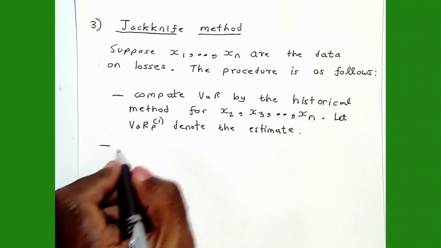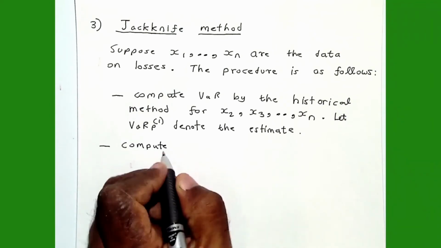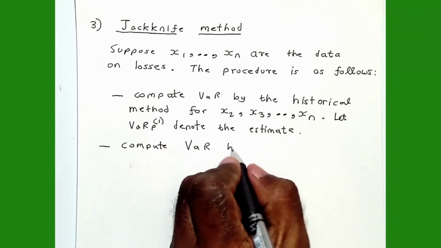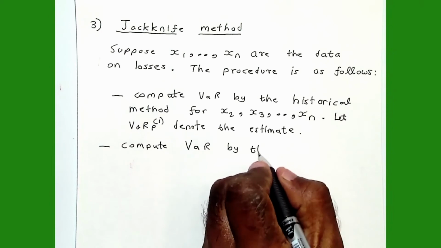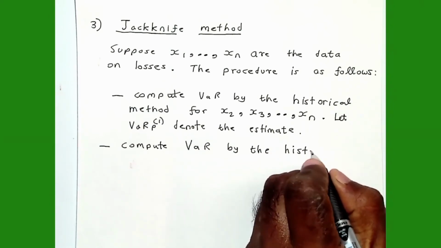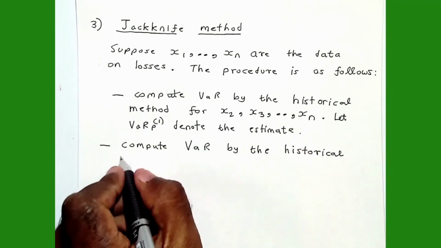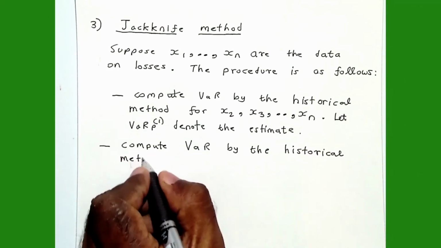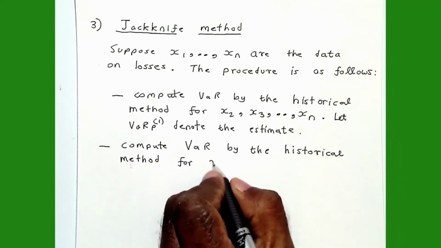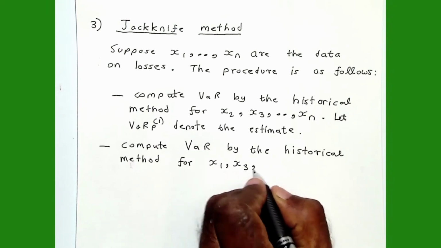The second step is to compute VaR by the historical method for the data x1, x3 up to xn.